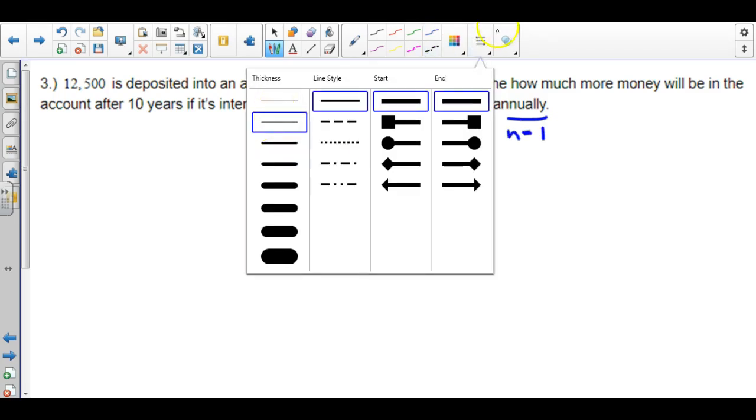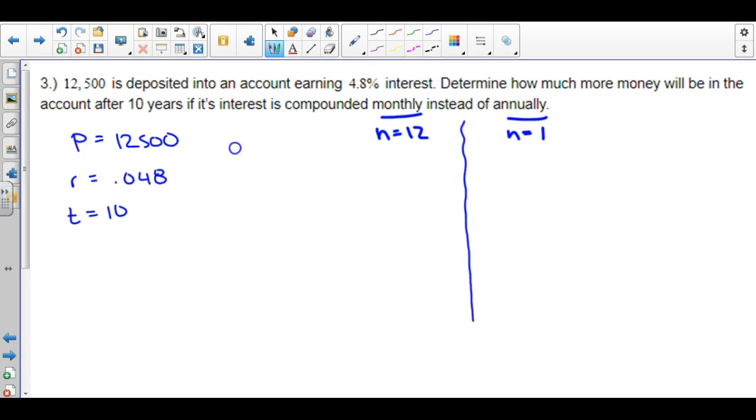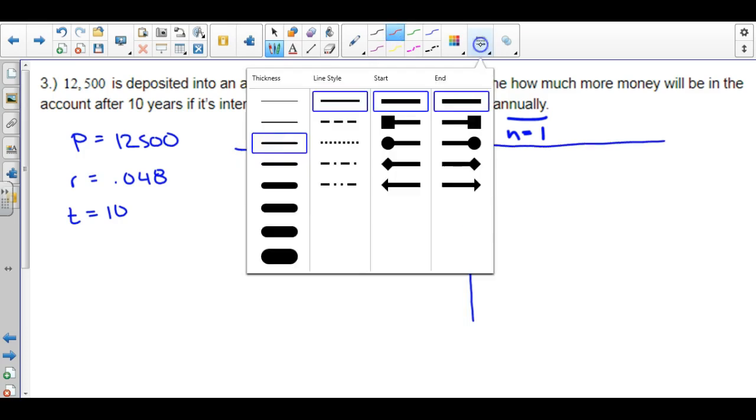So with this one, we don't even need to use Desmos. I know that my principal value is 12,500. We know that our interest rate is 4.8%, which as a decimal is 0.048. And we know the t value is 10 years. So what I'm really going to do is make a little side-by-side between using n equals 12 and n equals 1 for our equations.